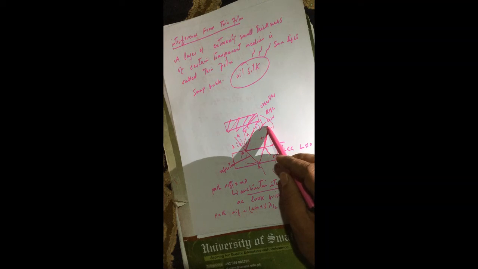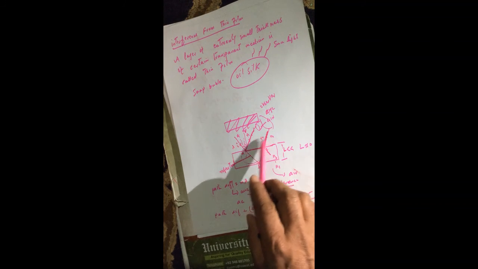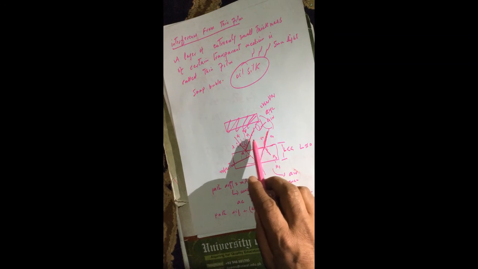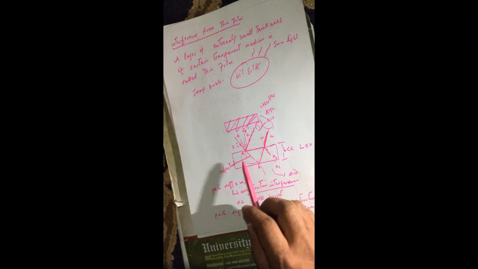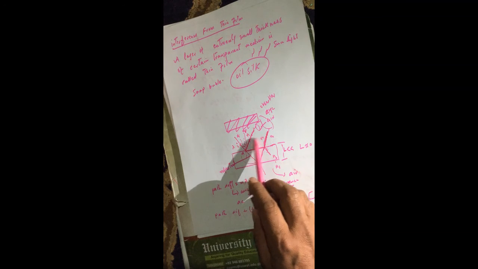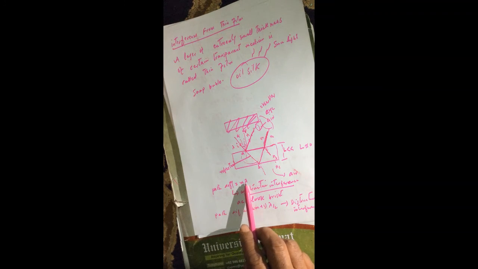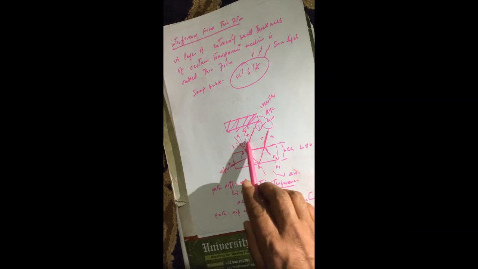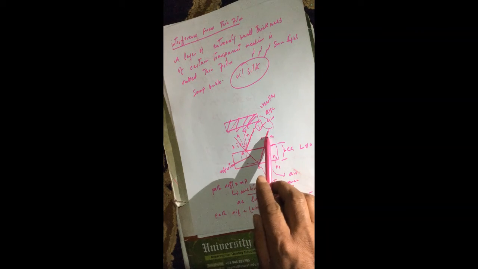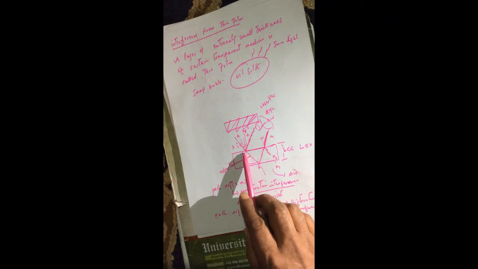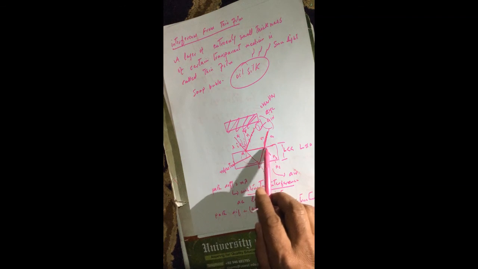The reflected ray goes back while the refracted ray crosses the upper surface of the thin film and goes to the observer eye. Now these two rays on their way superimpose on each other, and if the path difference between these two rays is m lambda, an integral multiple of wavelength, then these two rays interfere constructively, and the region AC of the film looks bright.